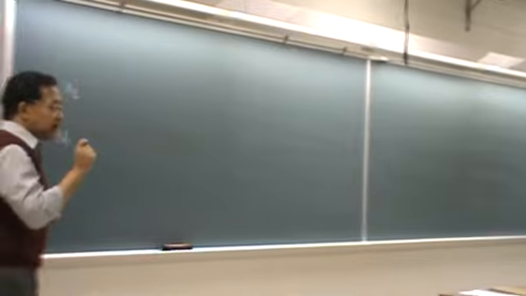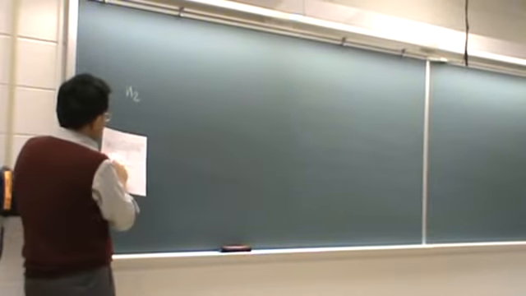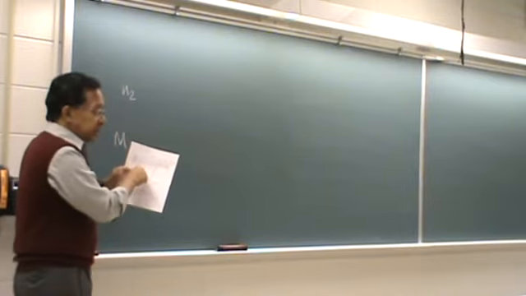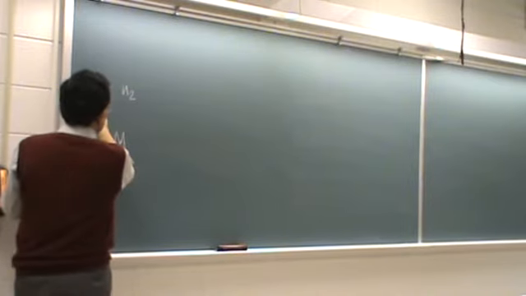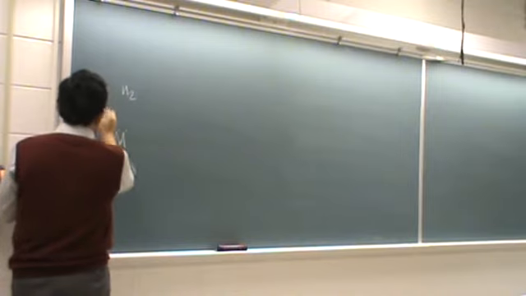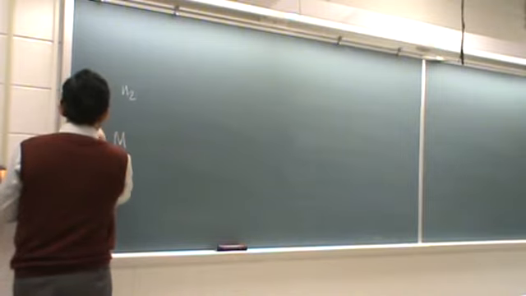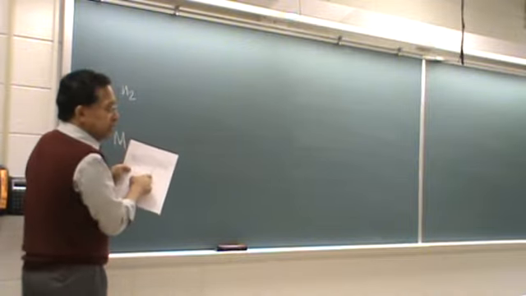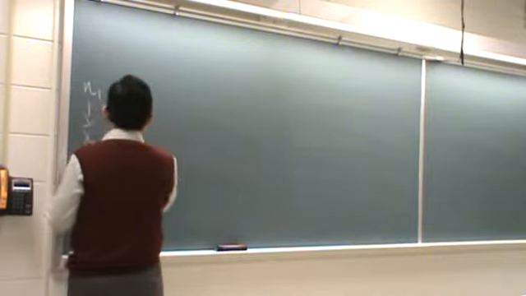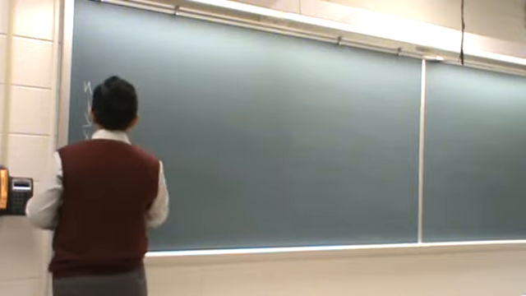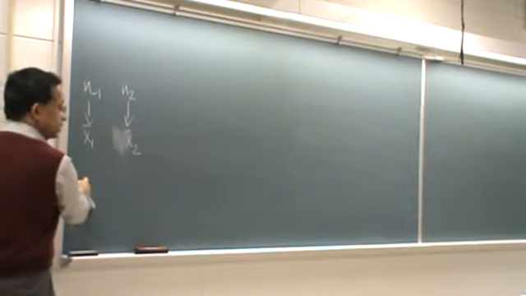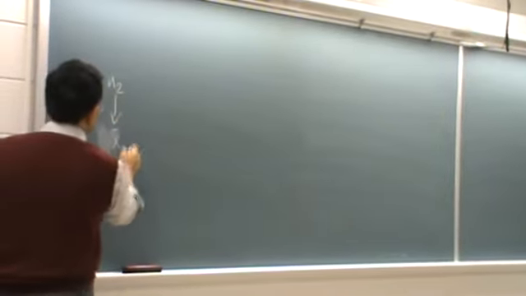From this sample, which is n1, we calculate the mean, x bar 1. This sample will be n2, so the mean from this sample will be x bar 2. So x1, n1, x2, n2.